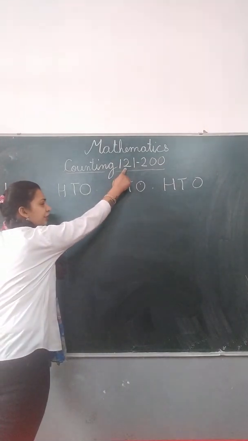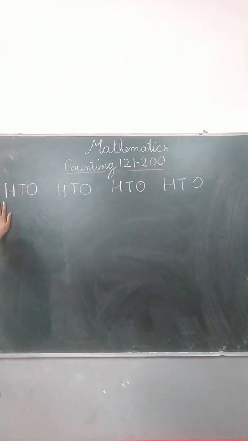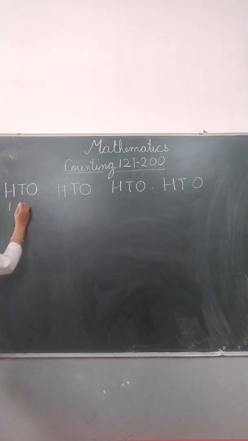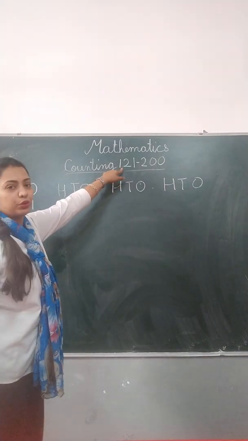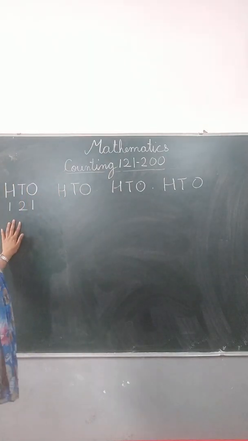Now, let us see which is our first number. Our first number is 121, so I am going to start with 121 only. As my first number for today's topic is 121, I have started counting with 121.